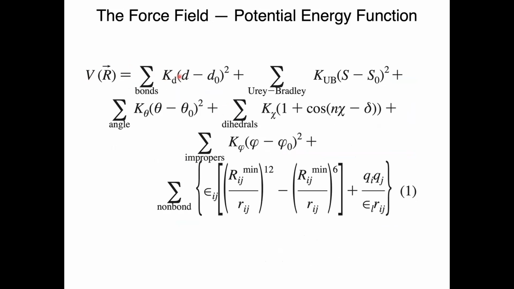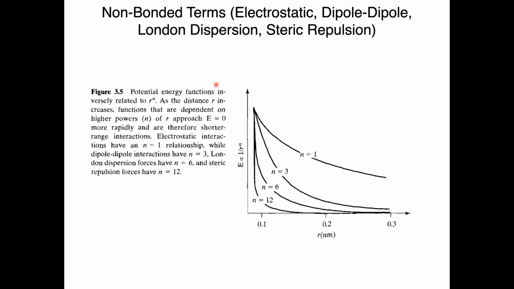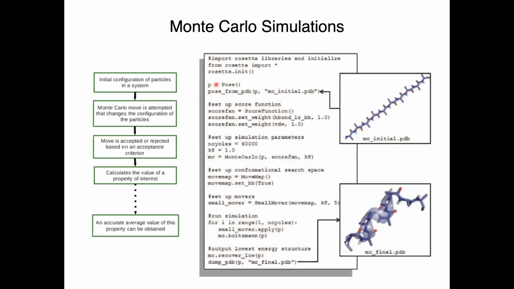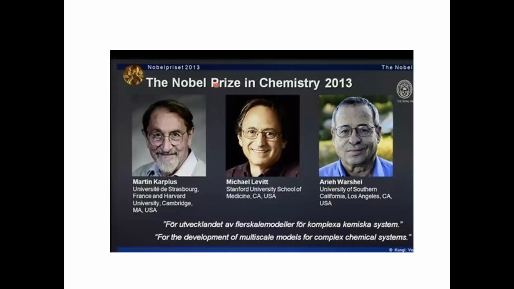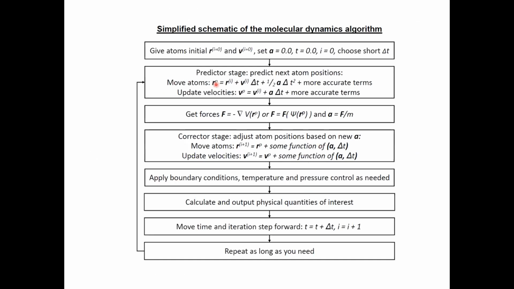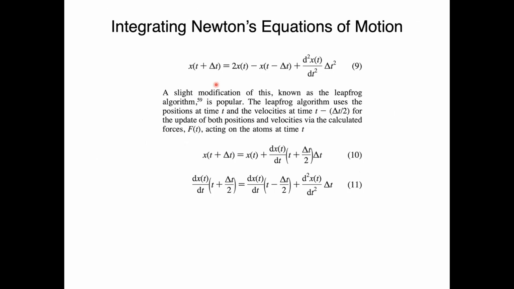And the force field is really a description of the functional form, right? What do these equations look like, but also what are the parameters? You have parameters, for example, like KD and DO here. These are parameters that you have to determine before doing the simulations, and they will dictate the accuracy of the simulations. So would some of those parameters deal with the environment in which you're doing this simulation, like in vacuum versus in solution?